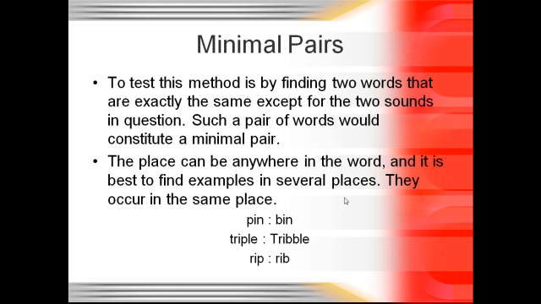A very good example here: we can see the words pen and ben, and you can see that the p and b both are bilabial, both are stops, but the only difference is in voicing. You can see p is voiceless and b is voiced.